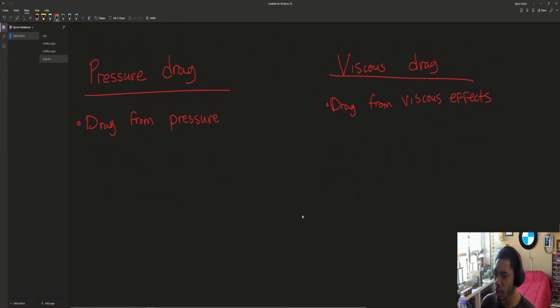So when we say drag from pressure, we are relating specifically to differences in pressure causing drag.